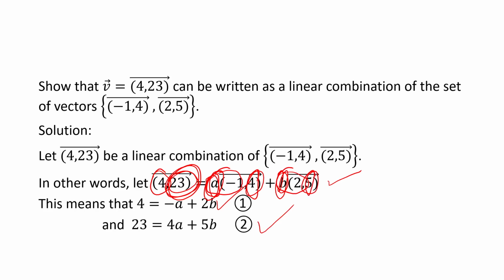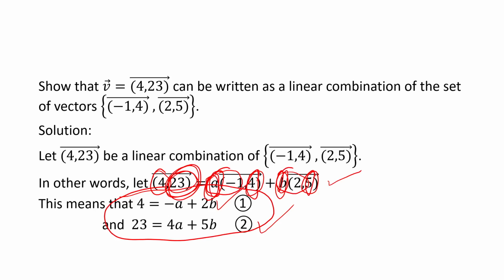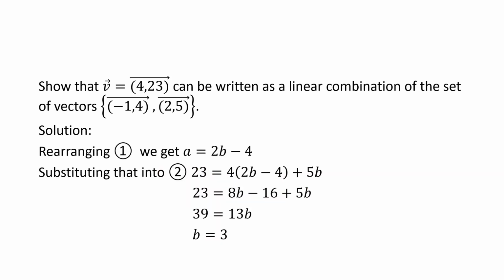So what you see here, pretty simple, is two equations, two unknowns. We're going to rearrange equation 1. Equation 1 said 4 equals -a plus 2b. We'll rearrange it a bit, and we'll be able to say that a is 2b minus 4. That means 23 will be equal to 4 times (2b minus 4) plus 5b.